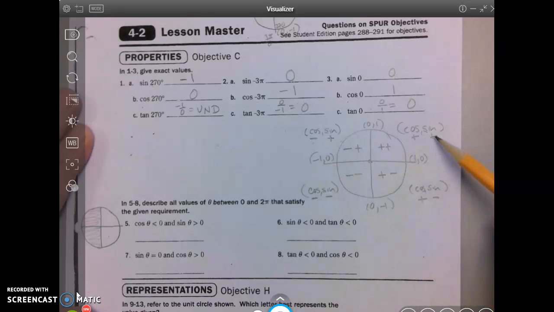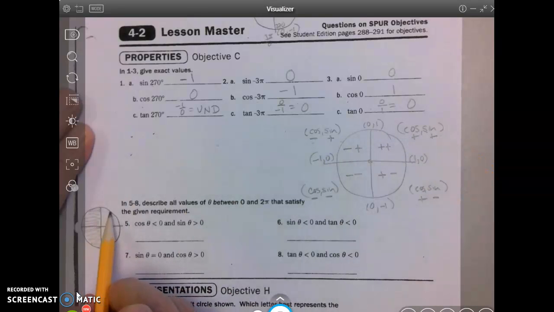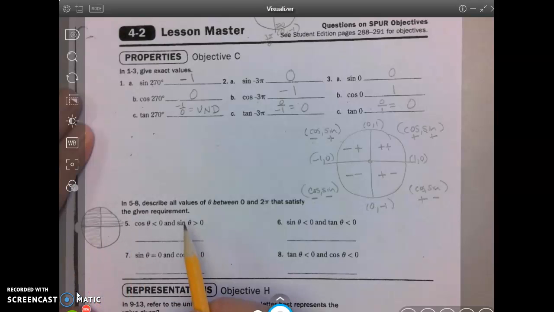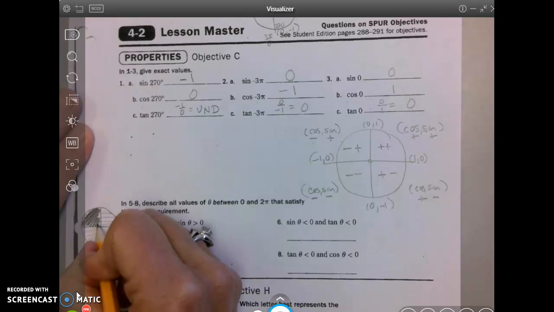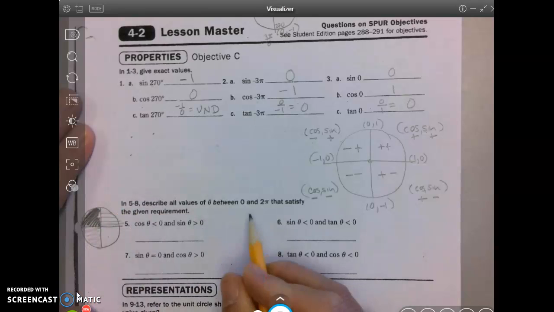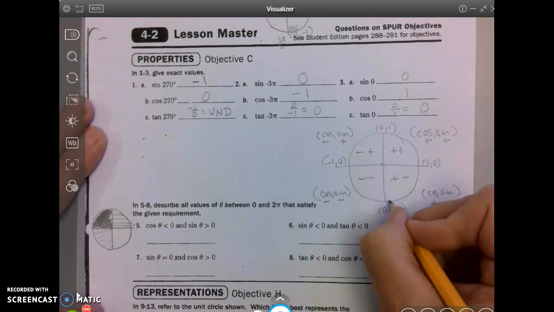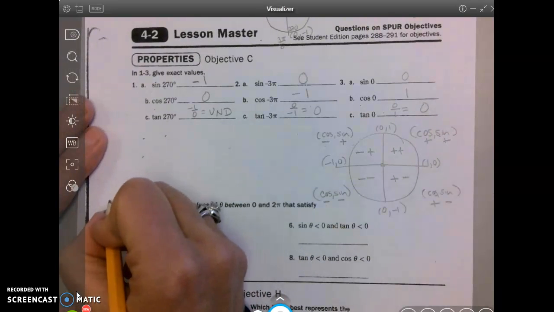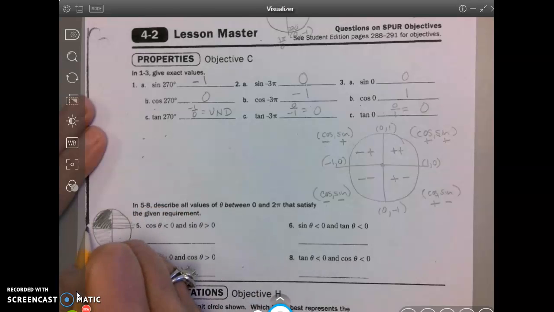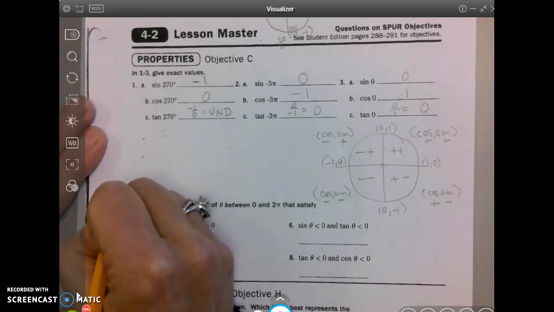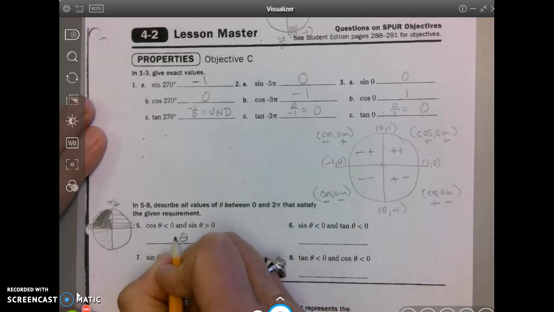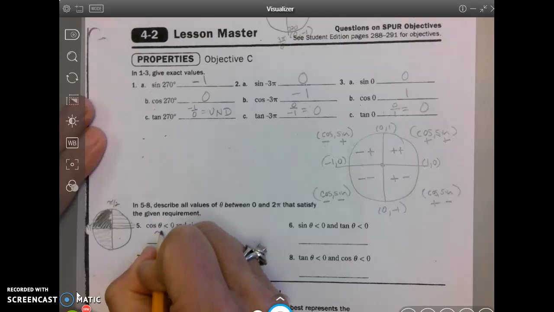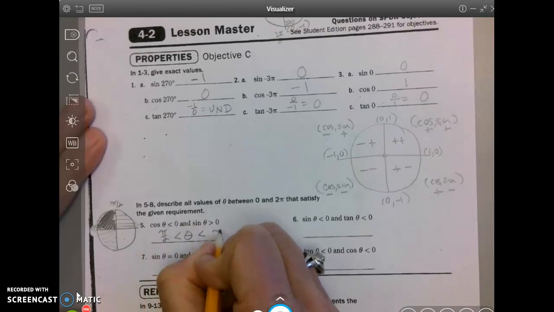So my sine is positive in the top. And where did I overlap? I overlapped right here. Now, since we're talking pi here, at the top of my unit circle, this is 0, this is pi over 2, and this is pi. So theta is going to be between pi over 2 and pi.